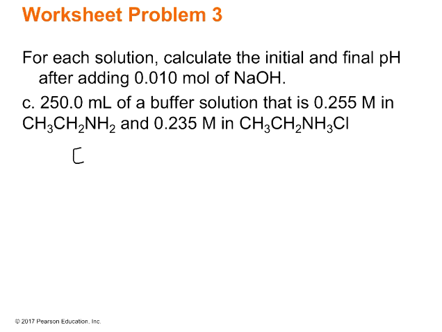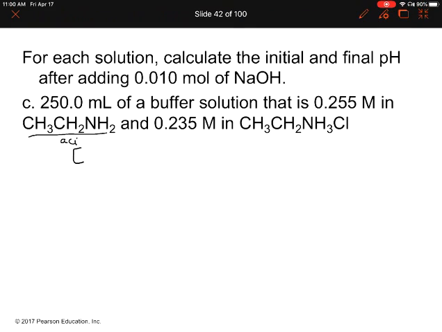Now, we did work with this buffer previously, and remember that this is our base. Getting things mixed up as usual. And then this is our acid. So we have ethylamine and its conjugate acid. So there should be a positive sign and a negative sign here. And the chloride ion is just balancing out the charge on the conjugate acid.